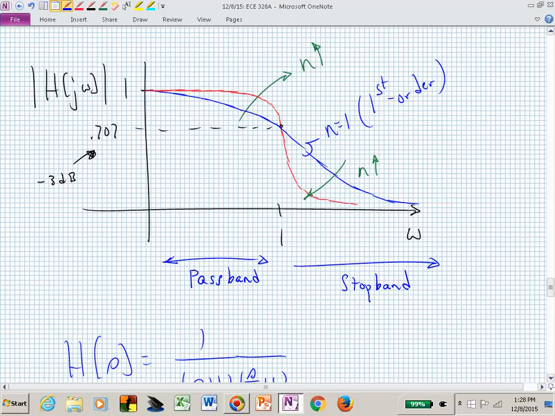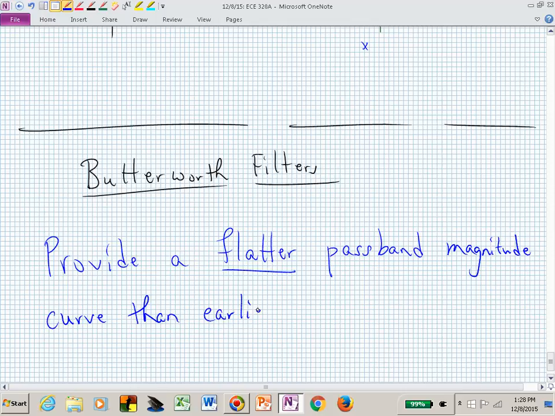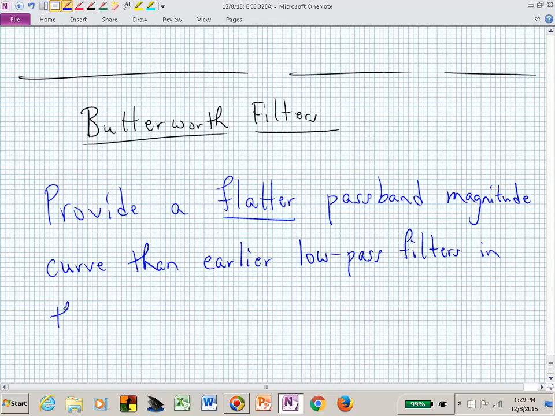These Butterworth filters provide a flatter pass band magnitude curve than earlier low-pass filters that we've discussed so far in this class.